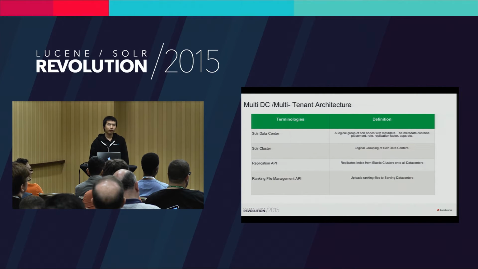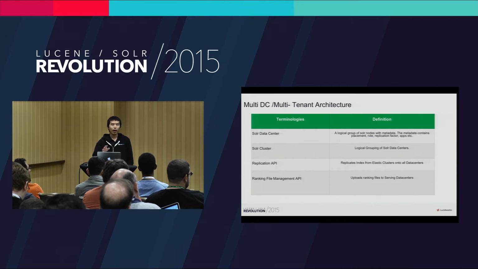Because as I mentioned in the previous year's presentation, we heavily relied on indexing into the Spot request AW cluster and then replicating back. And also the replication API will play a huge role in how we recover from failure. And also another API, as I mentioned, when customers want to upload their customized ranking files, they go through the ranking file management API.